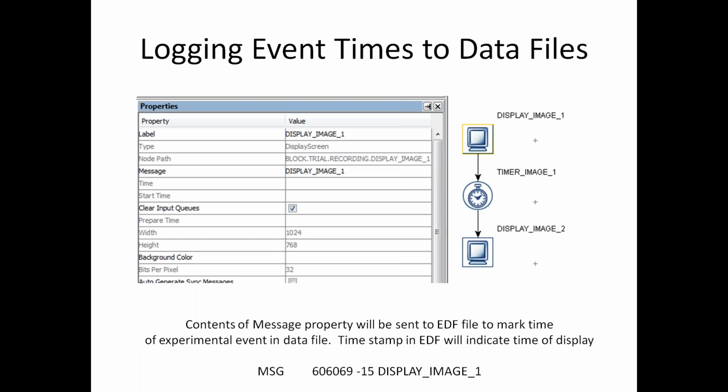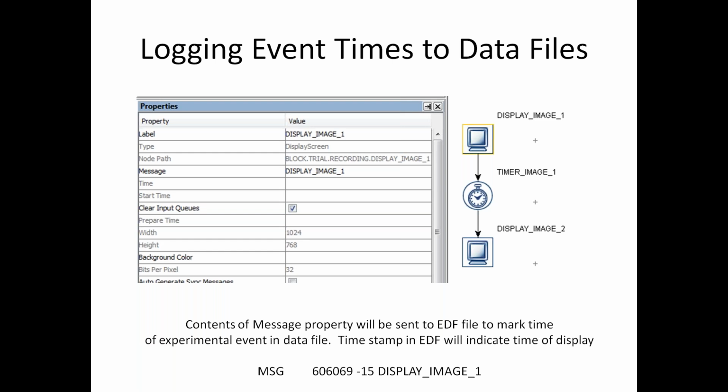But one thing I should point out is that Experiment Builder is a bit clever in some ways. Experiment Builder doesn't really want to be drawing to the screen and sending the message at the same time.